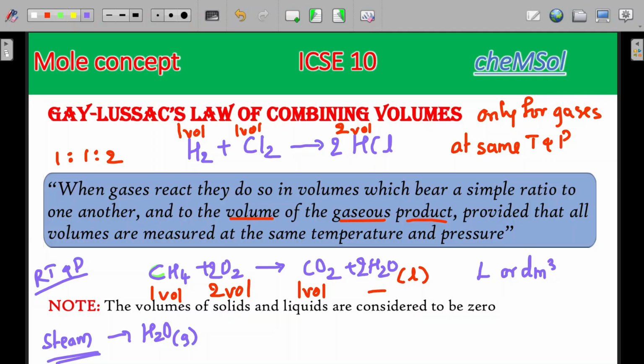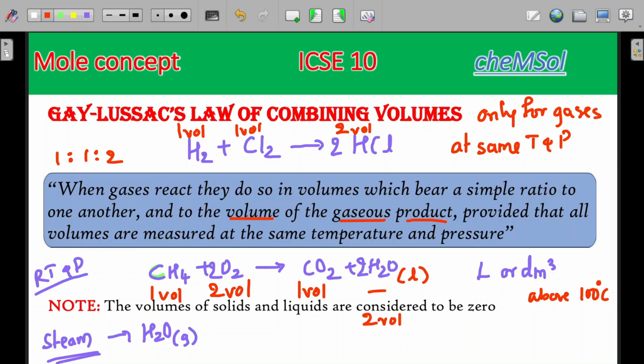Same equation, if they mention a temperature above 100 degrees Celsius, and we know above 100 degrees Celsius water will be in the form of steam, therefore that time you can also write 2 volumes for the steam. So it depends upon the temperature, if water is a product. So you have to see the temperature. Under normal temperature and pressure, if they mention, then water will be in the liquid state, and that time you should not write its volume.